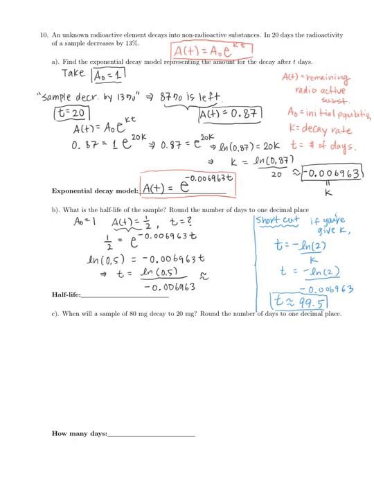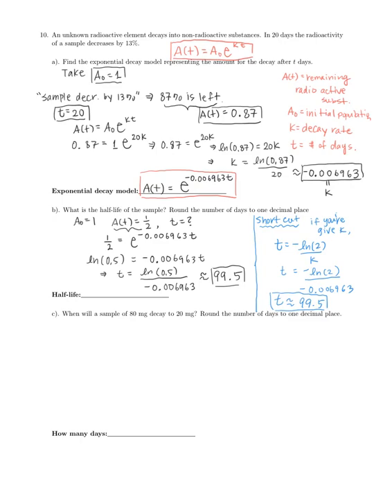Now notice that ln of 0.5 is the same thing as ln of 1/2, which is the same thing as negative ln of 2. Okay, so if you type this in, you're going to have 99.5, just like what we got by using our shortcut method.